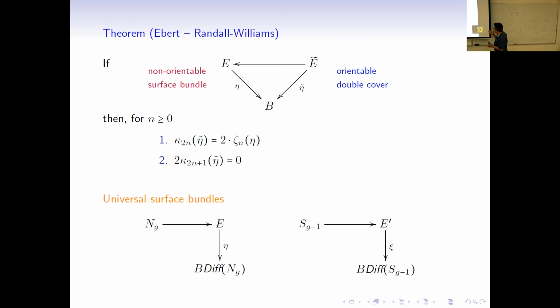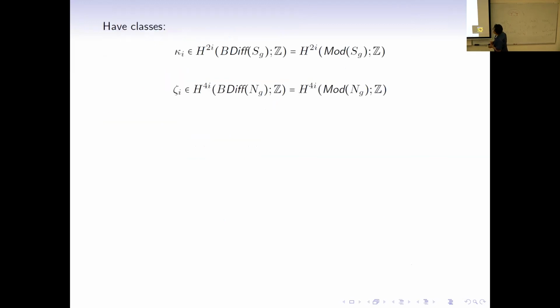Now, if you apply this construction to the universal surface bundles with fiber N_g or fiber S_{g-1}, then you get back the kappa classes, and these new classes live in the cohomology of the mapping class group of the non-orientable surface.